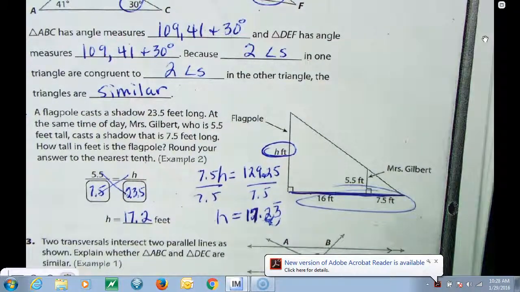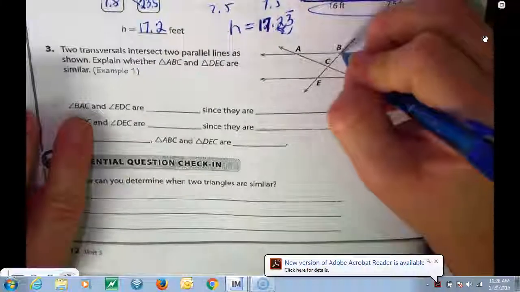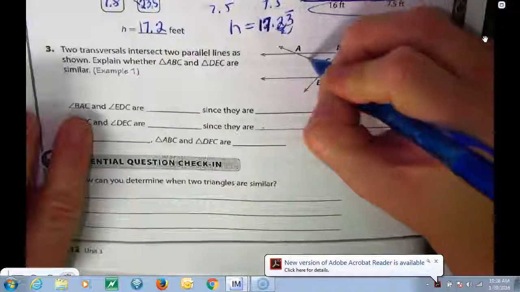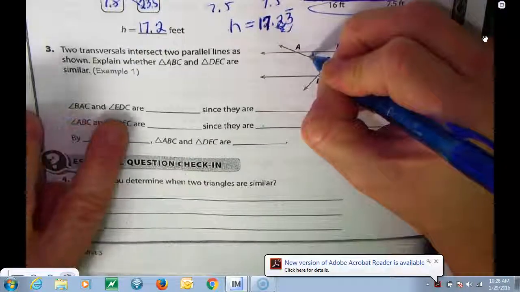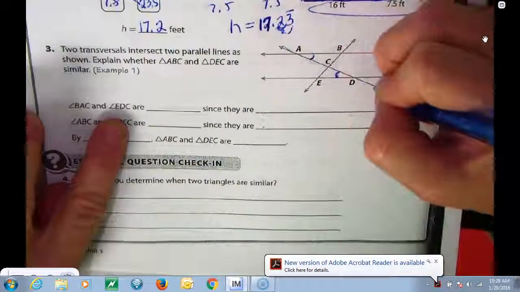Two transversals intersect two parallel lines as shown. So here's your two parallel lines. There's two transversals. Explain whether triangles ABC and DEC are similar. Okay, so angle BAC, this one right here, and angle EDC, that angle, here's the transversal.